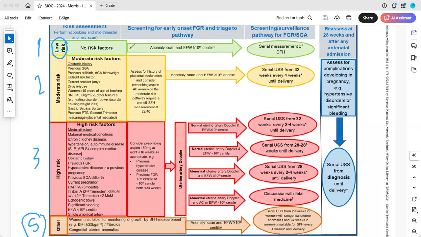So, no risk factor in a low risk individual, so anomaly scan will be done normally because every pregnant woman in the UK will have anomaly scan, and the estimated fetal weight will be checked. If it is okay, we will advise serial measurement of the symphysis fundal height for this lady, right?